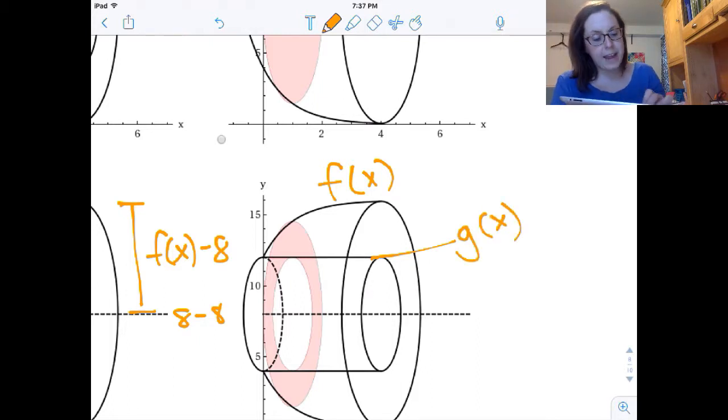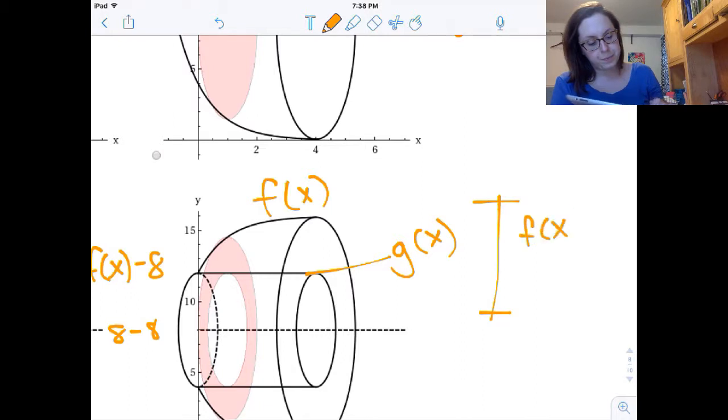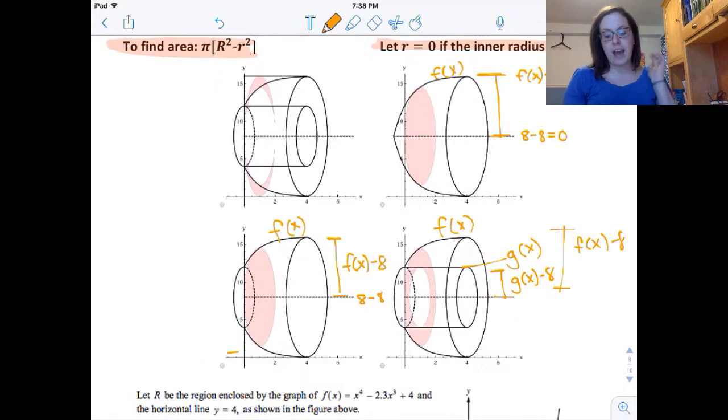So my outer radius would be f minus 8, and my inner radius would be g minus 8. So that's something you can think about. And if you're struggling with washer versus disc, treat everything like a washer. And if the inner radius is 0, so be it. Then it's just a disc.